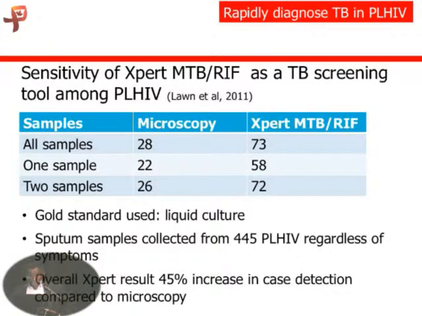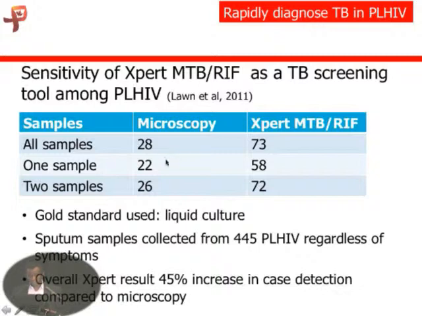And this is another study that was reported from Cape Town, where they used GeneXpert as a screening tool for people living with HIV regardless of TB symptoms, and you can see the comparison between microscopy and Xpert. The sensitivity of microscopy was 28, which increased to 73 if they used GeneXpert for all samples.